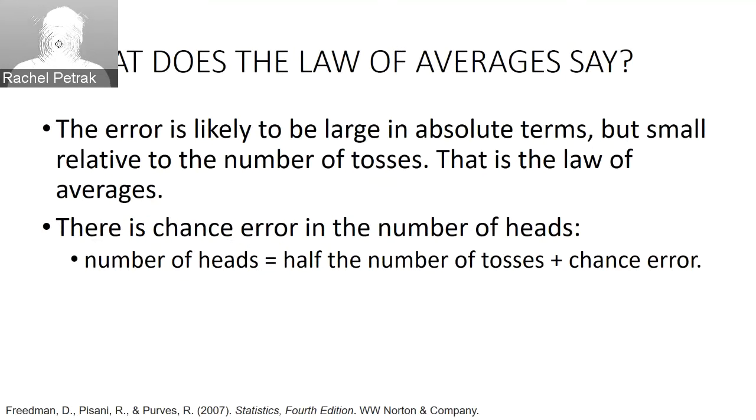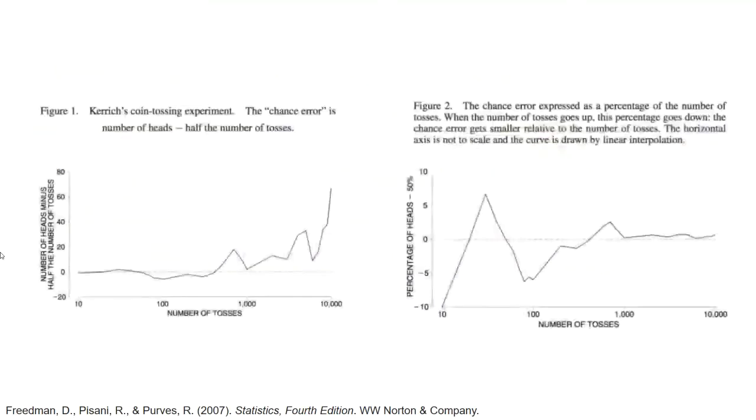And let's unpack this a little bit. So we have two figures here. In the first one, I'm sure you recall, there is a fun discussion between Kerrich and his assistant about deriving the chance error idea and thinking about the law of averages.